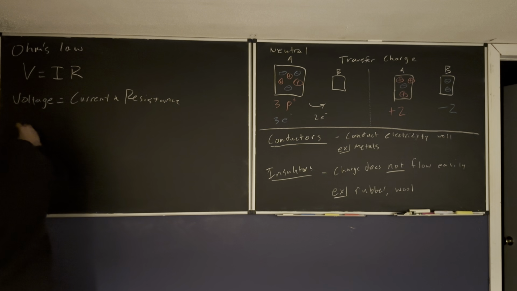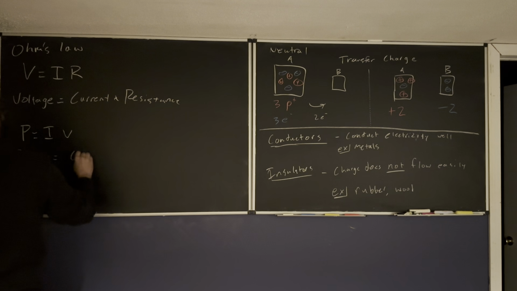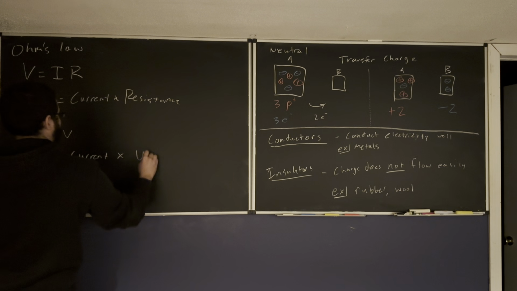Okay, and then we know that for power, P is equal to I times V. All right, so power is equal to the current times the voltage.